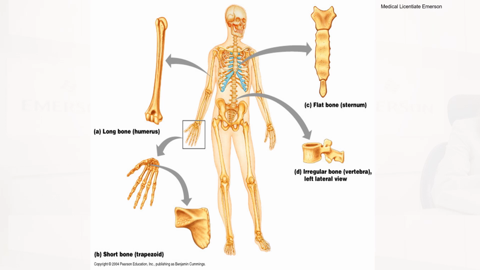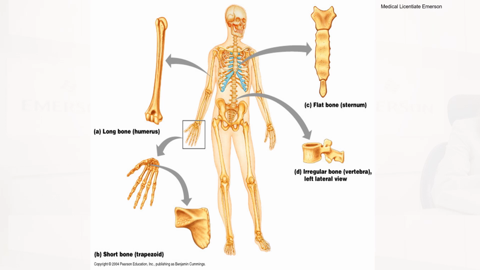Okay, so this is another picture showing you the bones. A long bone example would be the humerus. Even the femur is part of the long bones. Remember, this is also a long bone. Even the tibia and the fibula are long bones, and the radius as well. Then the short bones, we have the trapezoid.